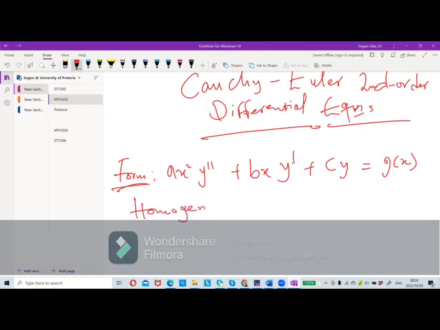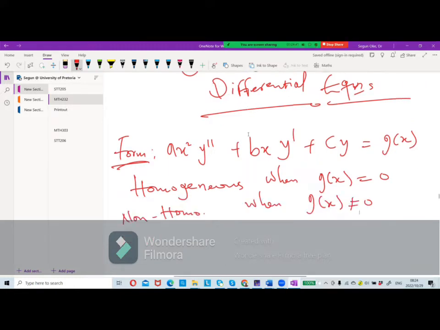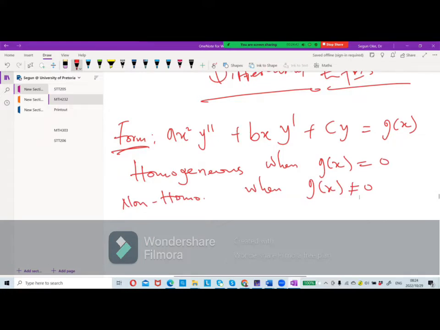It is homogeneous when g of x is equal to 0, and it is non-homogeneous when g of x is not equal to 0. That's the difference between the two. They are of the same form, but it is homogeneous when g of x equals 0, and when it's not equal to 0, it is not homogeneous.